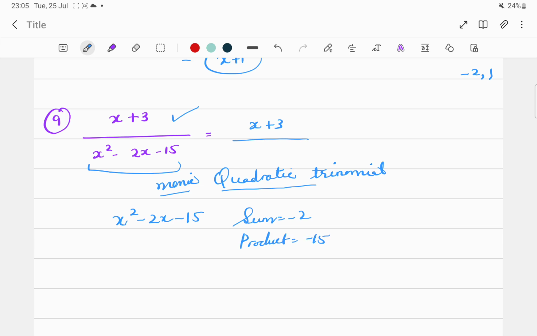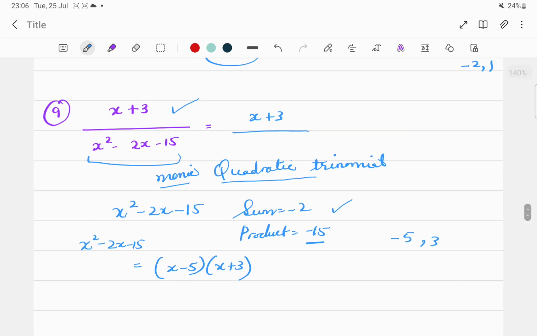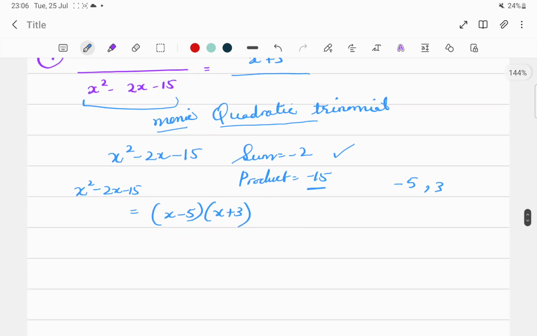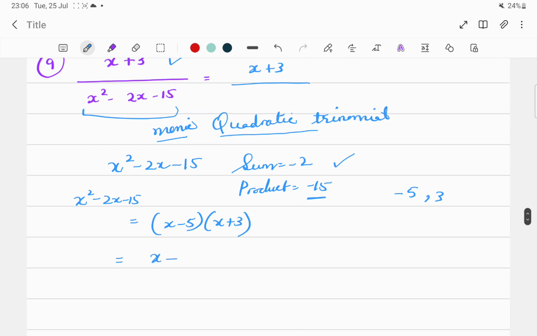So two numbers which give me the product of negative 15 and sum of negative 2 will be negative 5 and 3. So I can write this x squared minus 2x minus 15 as (x minus 5) times (x plus 3). So if I rewrite this question again, it can be written as (x plus 3) divided by (x minus 5) times (x plus 3). X plus 3 and x plus 3 will be cancelled out, and we will be left with 1 over (x minus 5).